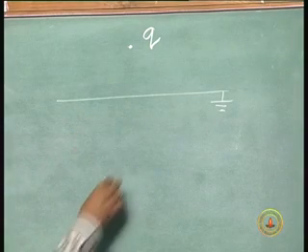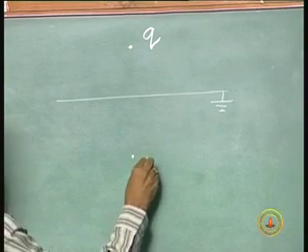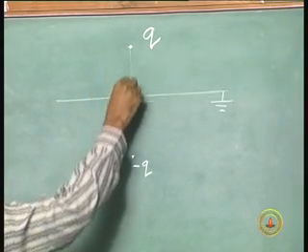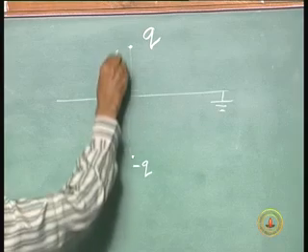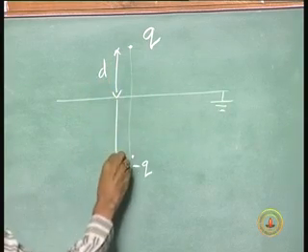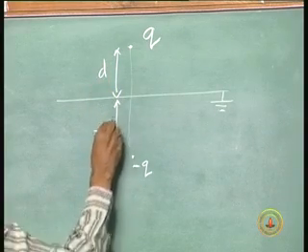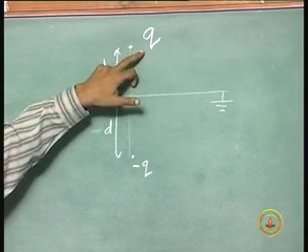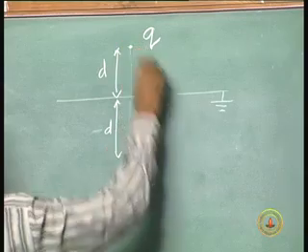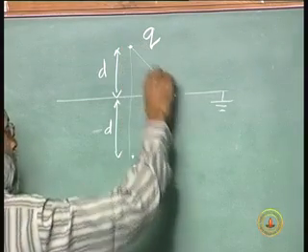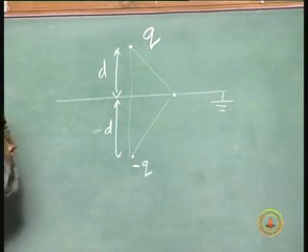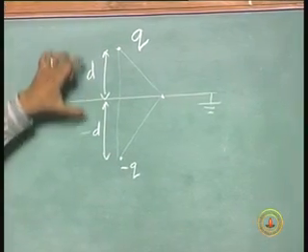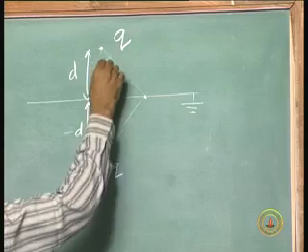However, as I did last time, supposing you put a charge minus q as far below this plate as the charge was above, then if you take any point on the plate, create the triangle, because these two distances are equal, clearly these two angles are equal.